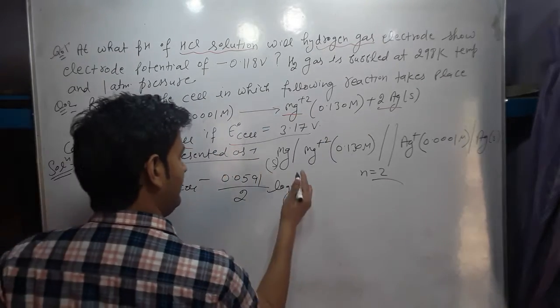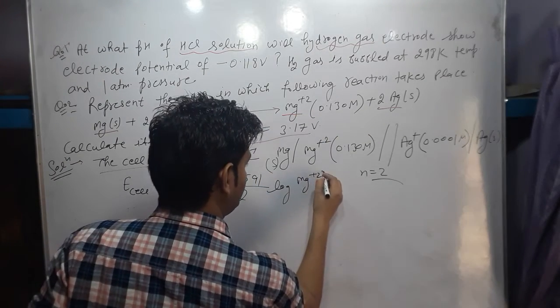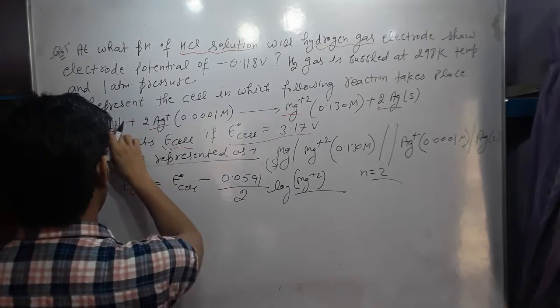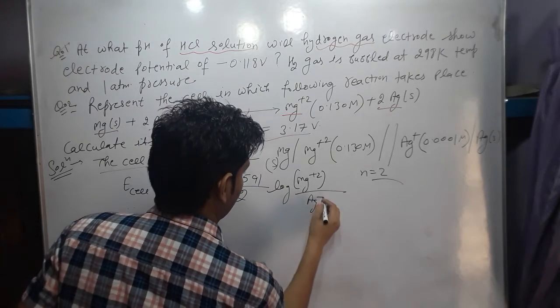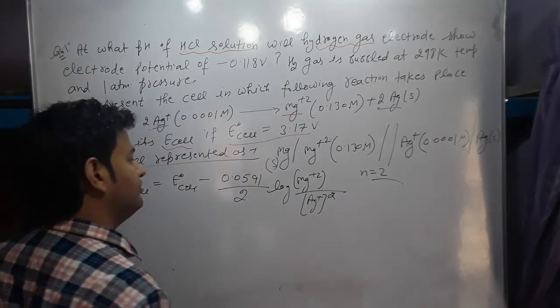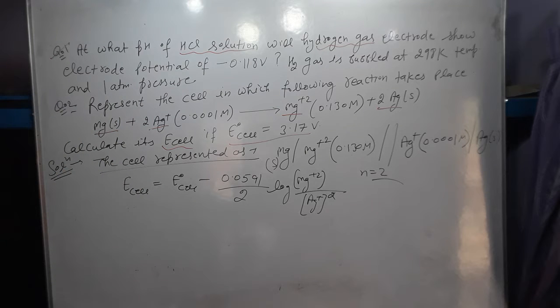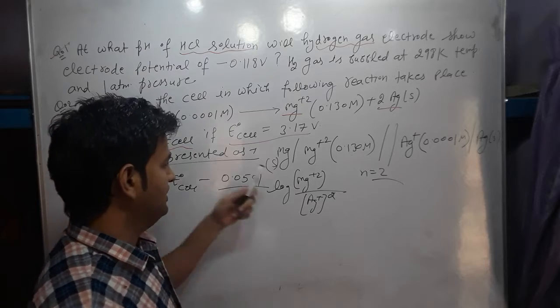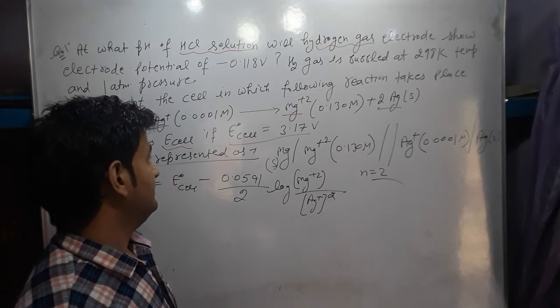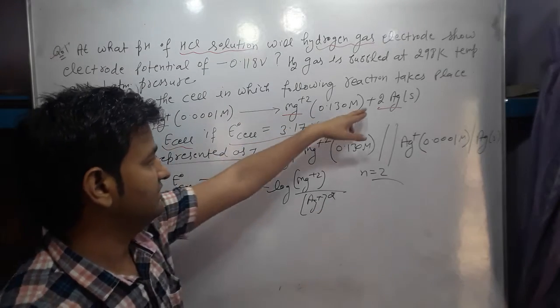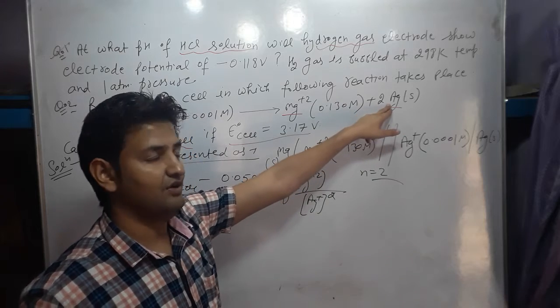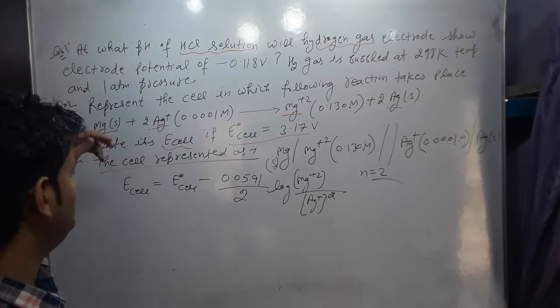It can be written as Mg2 plus ion concentration divided by Ag plus concentration squared, because the stoichiometric coefficient 2 appears as the power. The concentration of solid metals is equal to 1.